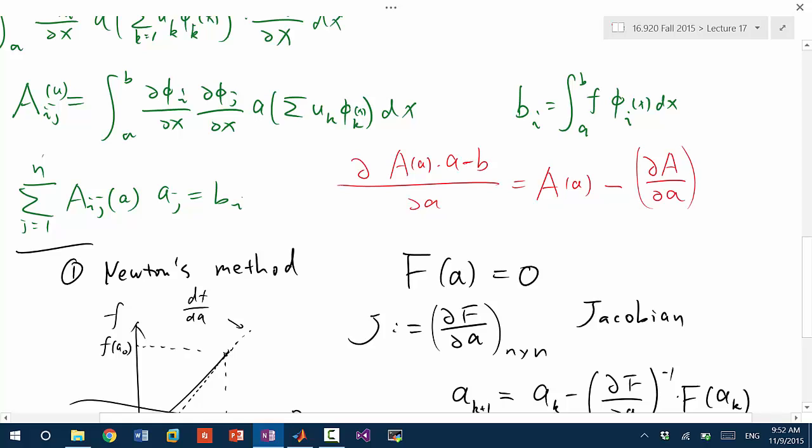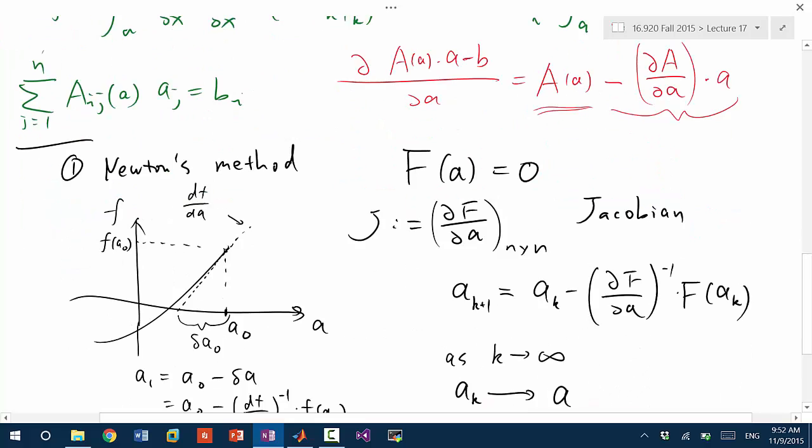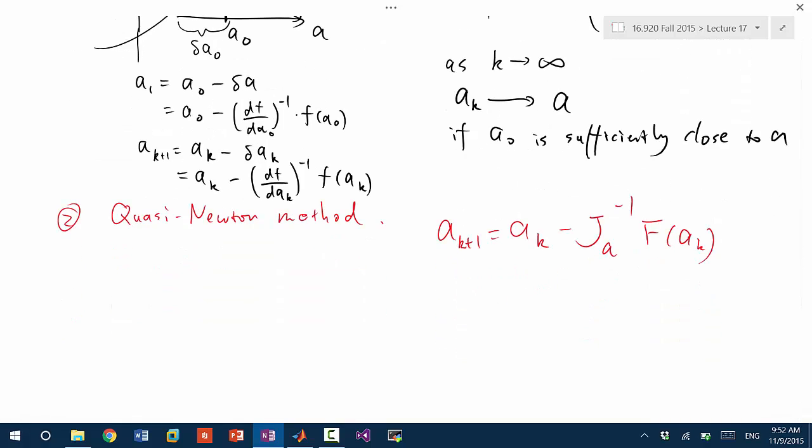That is not a vector, not a matrix, but actually a three-dimensional tensor times a. So it's a non-trivial thing to compute. But if we somehow know that this term is not as important as this term, or the nonlinearity is not as strong, then we can say, why don't we just take this matrix A as our approximate Jacobian and plug it into this quasi-Newton method and hopefully converge to a correct solution.